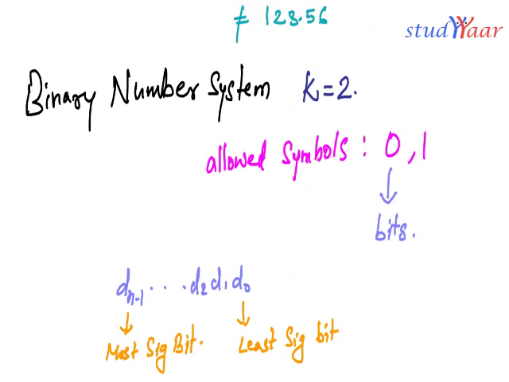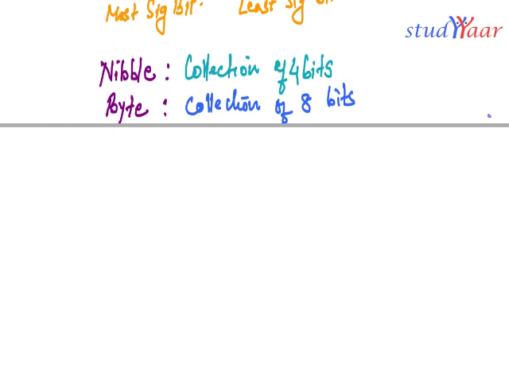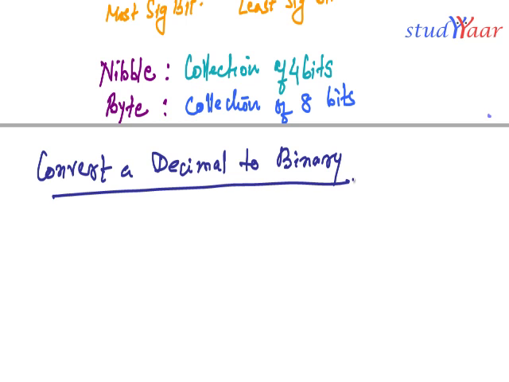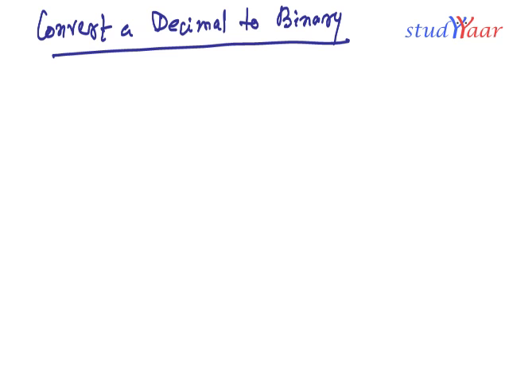So now let's first look at how to convert a decimal to binary. Okay, conversion from decimal to binary. Let's suppose I have a number, let's suppose I have number as 56. Okay, this is a decimal number and I want to find out the equivalent number in binary number system.